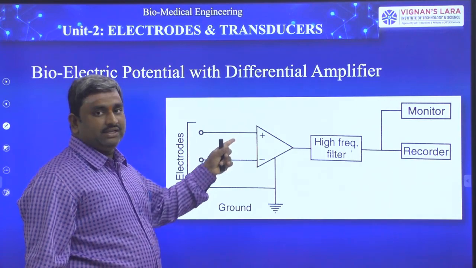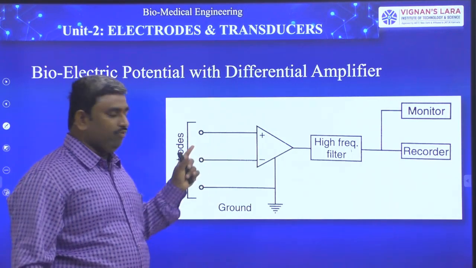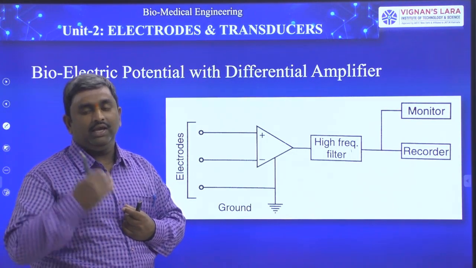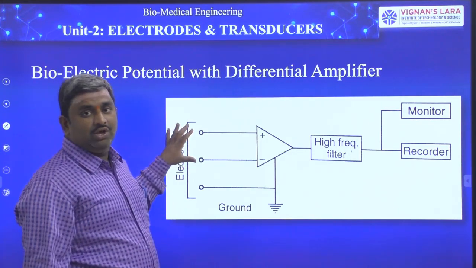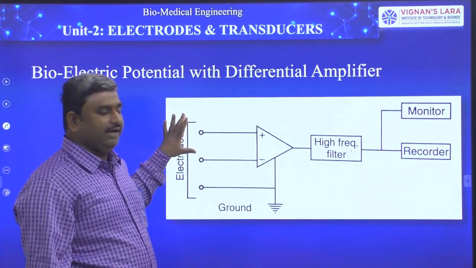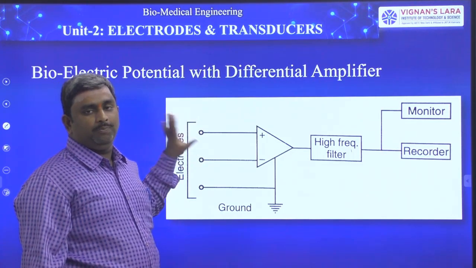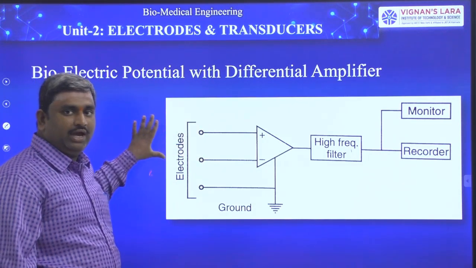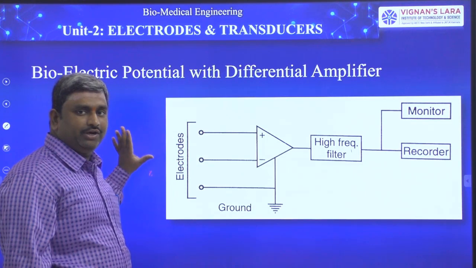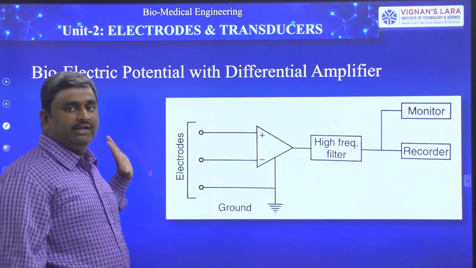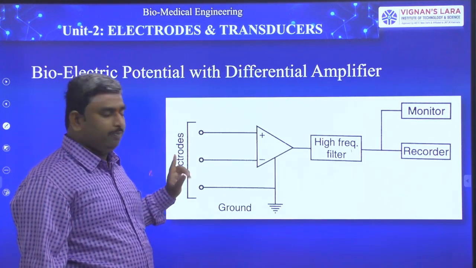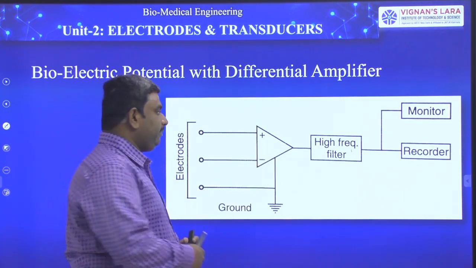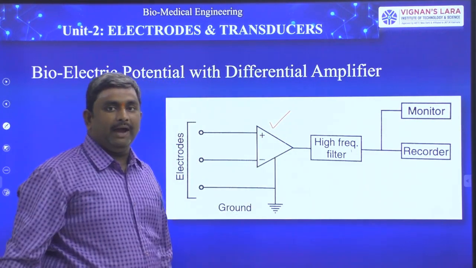These two lines carry the biopotentials we have taken from the human body, and we give those bioelectric potentials to this op-amp at the inverting and non-inverting input terminals. These wires are connected to the electrodes, and these electrodes are connected to the patient. That means the bioelectric potentials generated by the internal organs are connected to this op-amp.